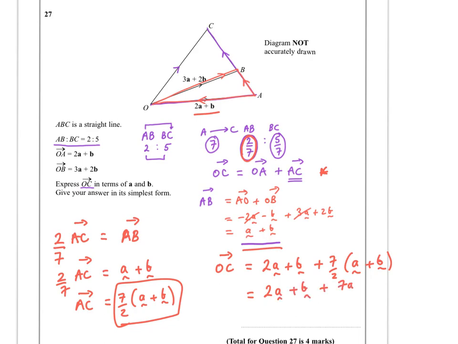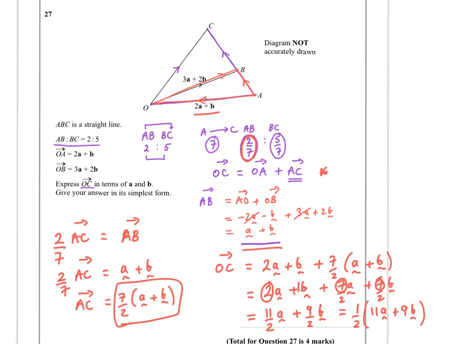So we've got 7/2 of A plus 7/2 of B. And then if you do the A's first, 2 is the same as 4/2 and 7/2 is 11/2. And then B, you've got 2/2 here because you've got 1B, so 2/2 and 7 more is 9/2. And I'd probably take out the half as a factor here, and I'll be left with 11A plus 9B.